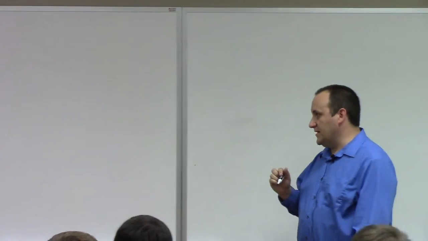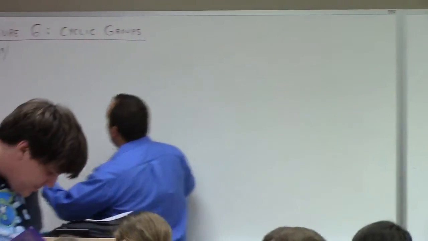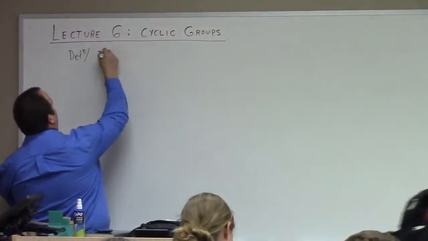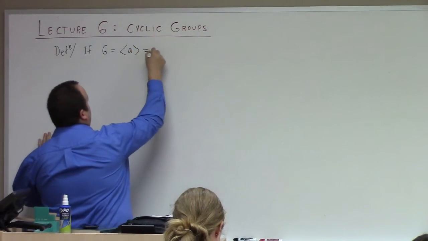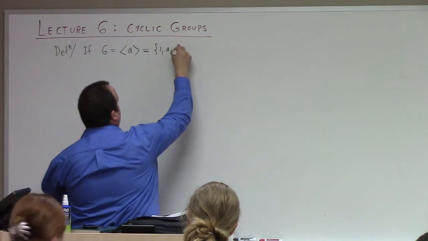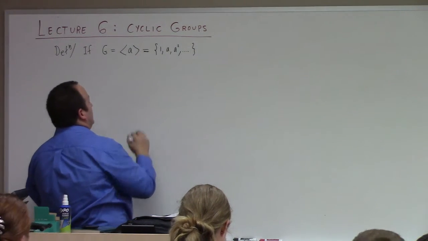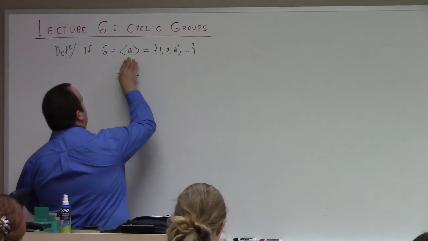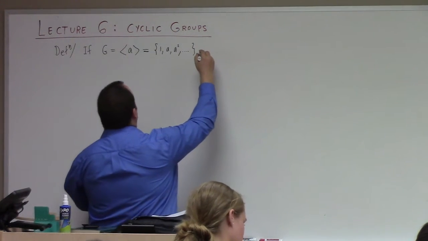So in a multiplicative sense, let me write it down here. If G is equal to the set 1, a, a squared, and so forth, all right? If you can write G as being generated by a single element, then G is said to be cyclic.